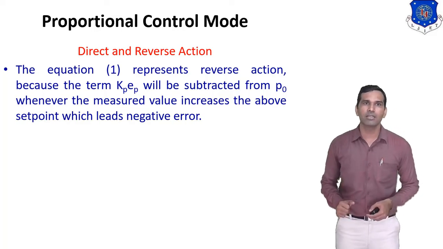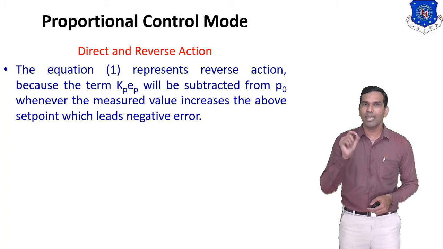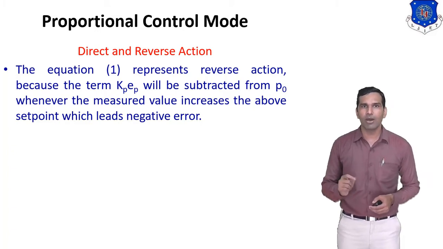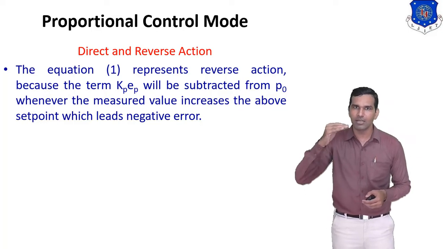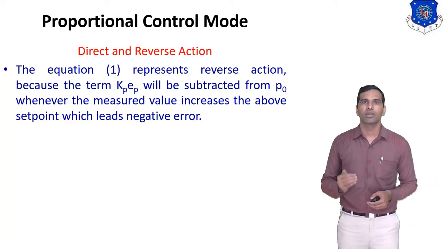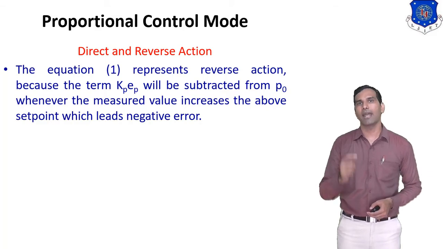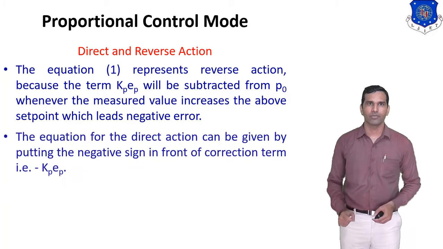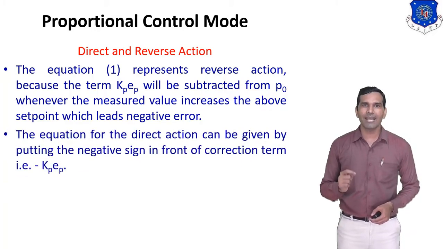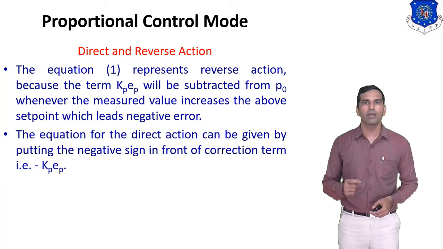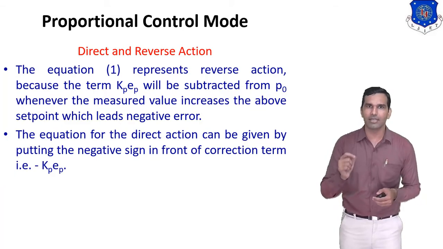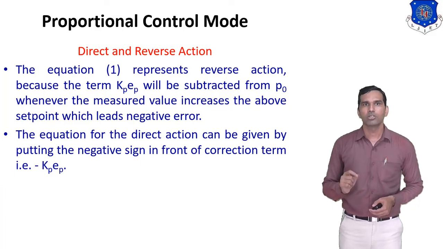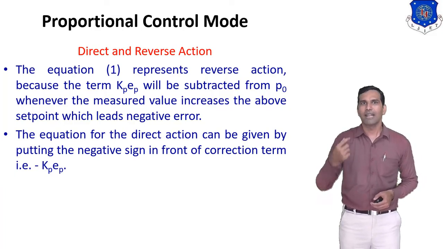Because the term Kp·Ep will be subtracted from P0 whenever the measured value increases above the set point, which leads to a negative error. That's why it operates in reverse action. The equation for the direct action is given by putting a negative sign in front of the correction term Kp·Ep. So it becomes the direct action mode.